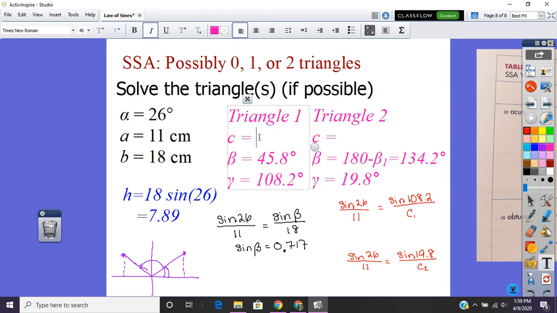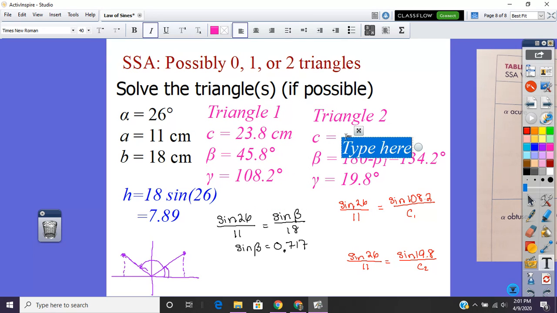So starting with triangle 1. And like I said, if you have a nice calculator that allows you to keep everything exact, that will be really, really nice for you. So our first measurement over here will end up being 23.8 centimeters. I'm running out of space.